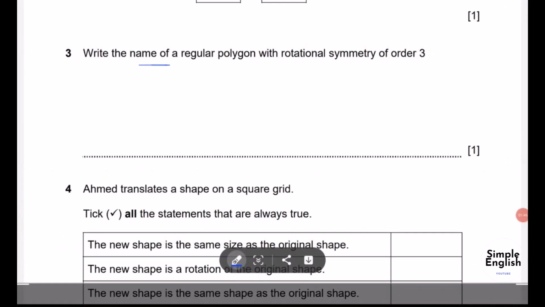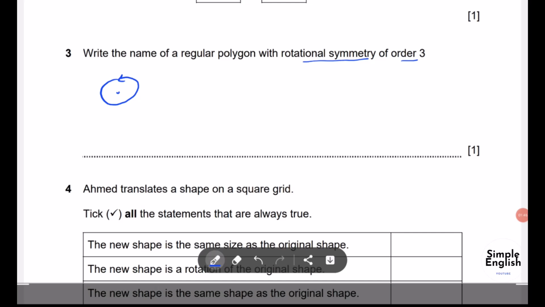So number 3, write the name of the regular polygon with rotational symmetry of order 3. Rotational symmetry means that when we rotate a shape 360 degrees, how many times can we see it, right?